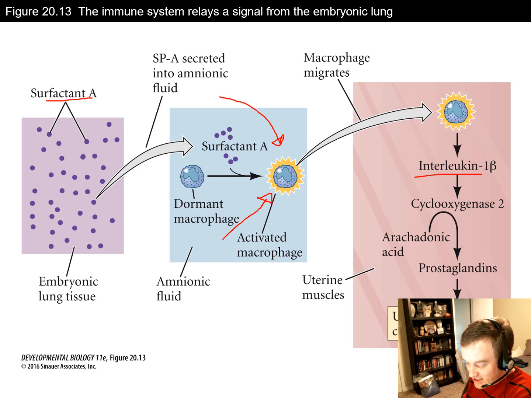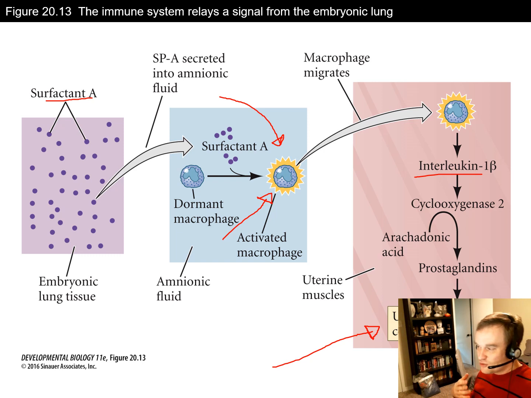And in the presence of arachidonic acid, excuse me, there are prostaglandins that are activated, and the signal is received by the uterus of the mother holding the child, and that leads to these uterine contractions.